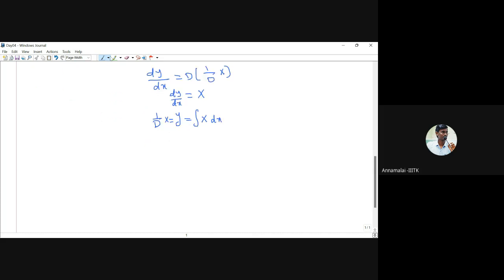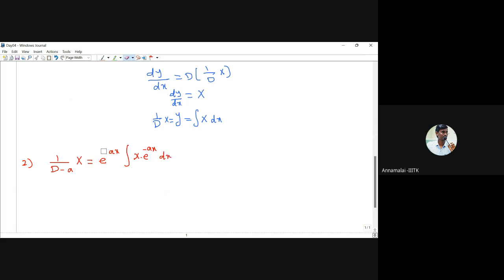Now, the second result is, suppose we take 1 by D minus a into X, where D is nothing but d by dx. This is equal to e power ax into integral X into e power minus ax dx.